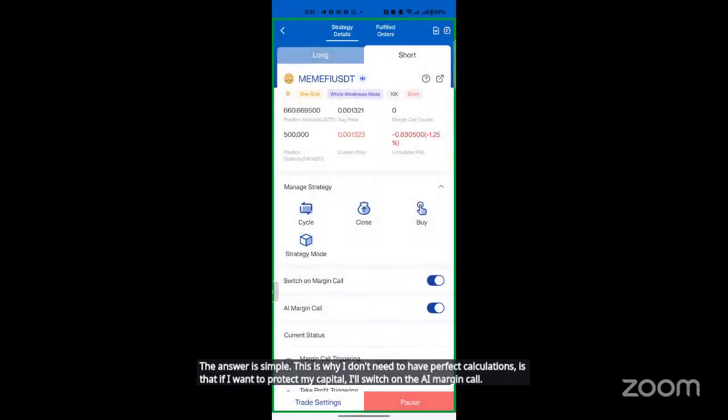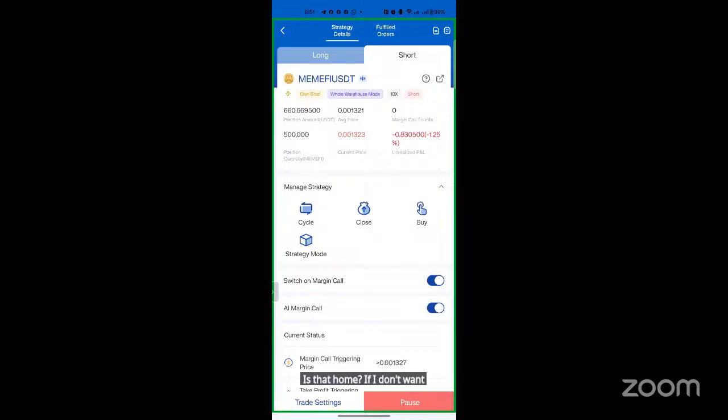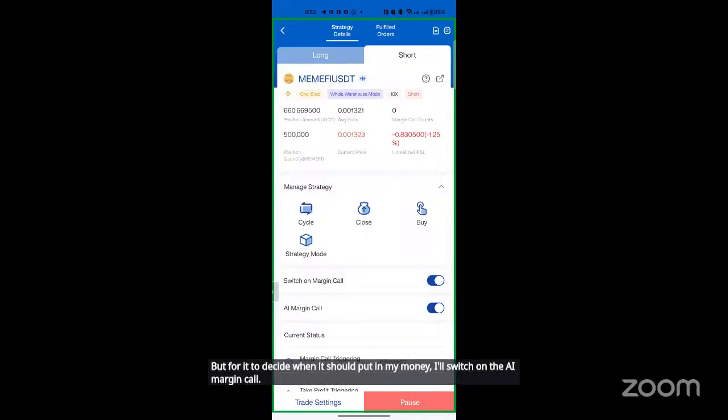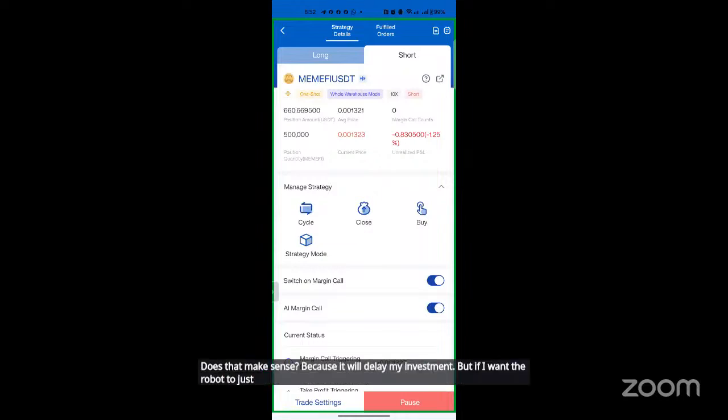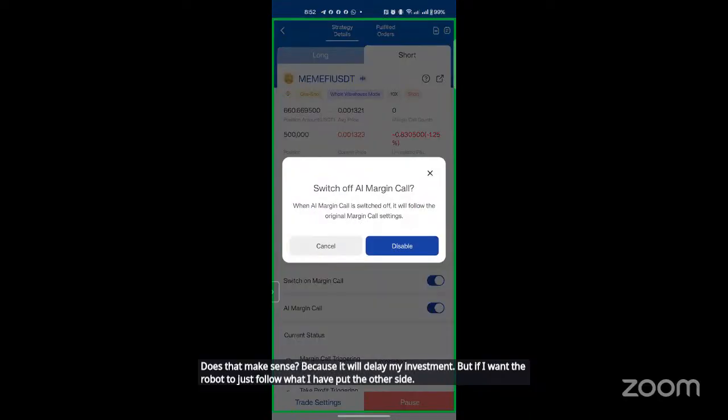If I don't want my robot to put in money following my instructions, but to decide when it should put in my money, I'll switch on the AI margin call. Does that make sense? Because it will delay my investment. But if I want the robot to just follow what I've put in, I'll switch off the AI margin call.